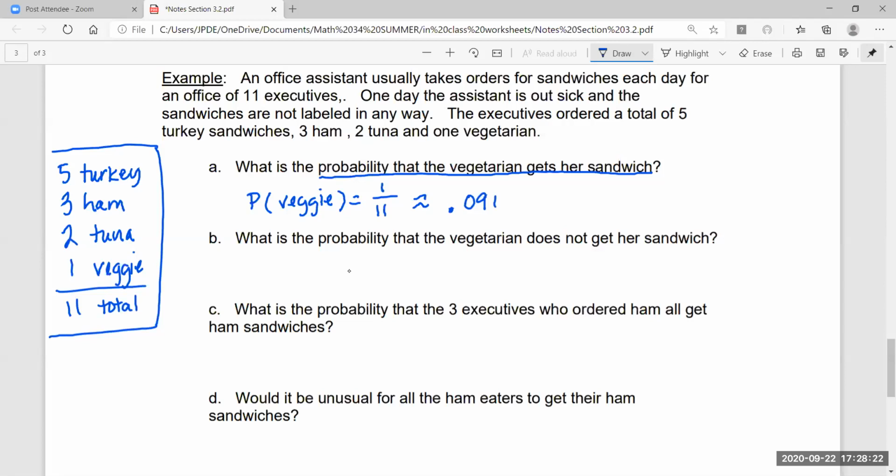What's the probability that the vegetarian does not get her sandwich? Well, look at all the sandwiches. 1 of them is veggie. How many aren't? Ten out of 11. 0.909.